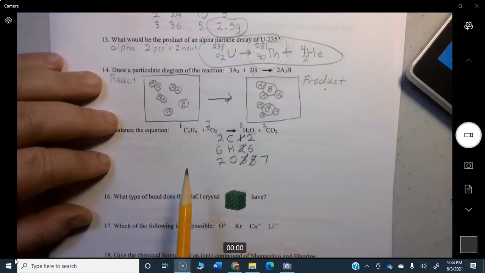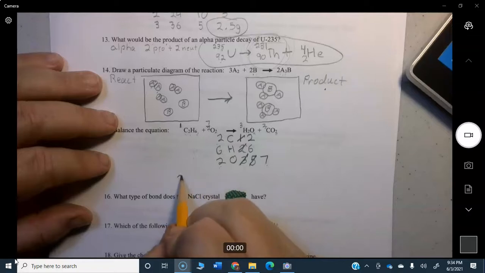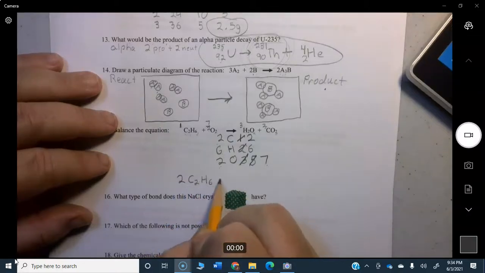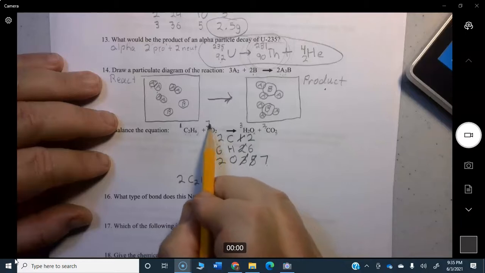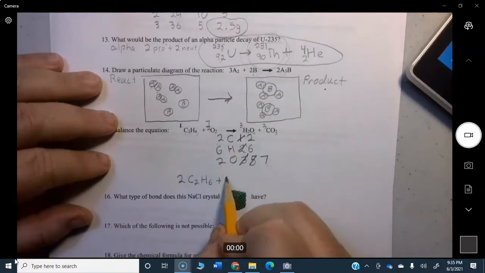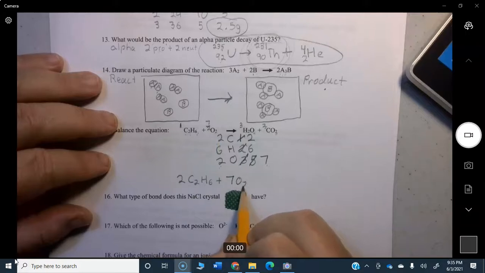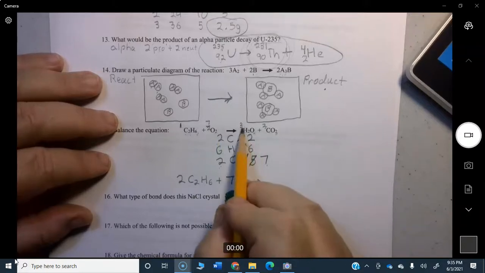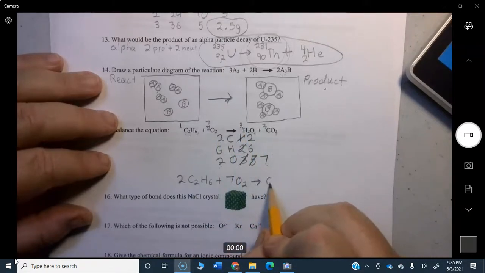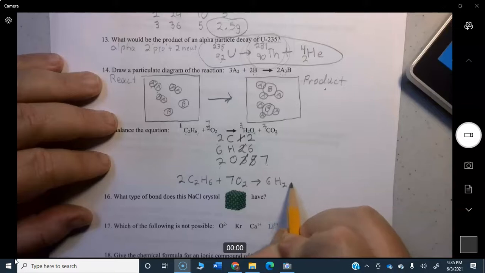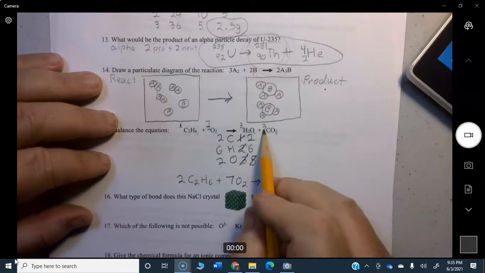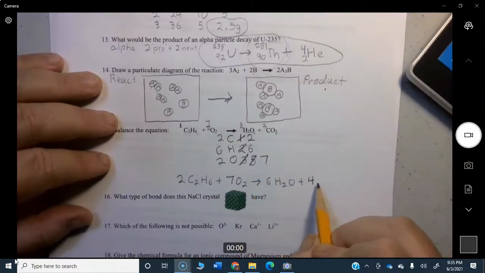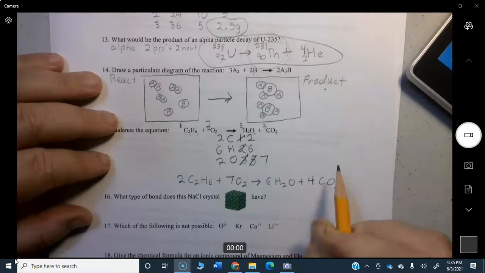So this is going to be 2C2H6 plus 2 times 7 over 2 is going to be 7O2. 2 times 3 is 6. 2 times 2 is 4. Okay, and that's your final answer.